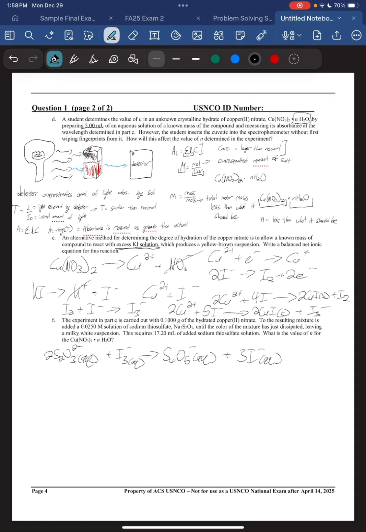So what we notice here is that when 2 moles of the thiosulfate react, it'll react with 1 mole of our I3 ion.